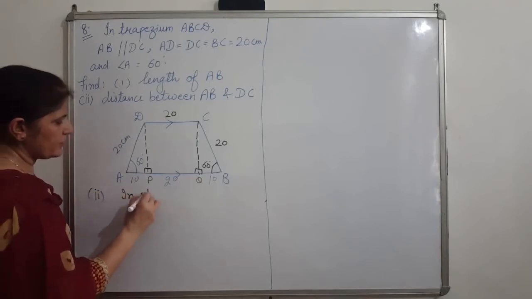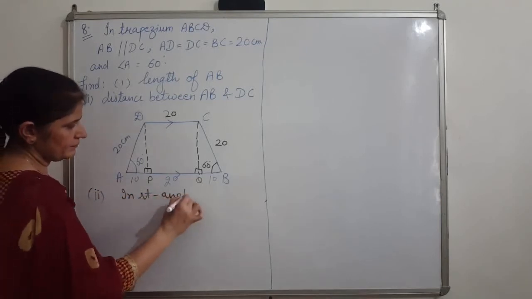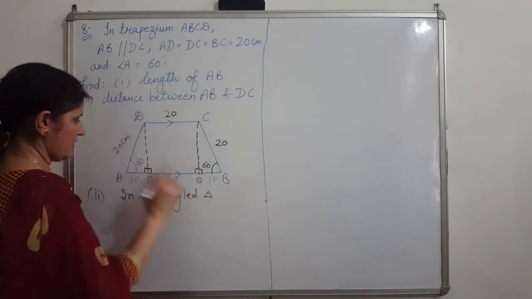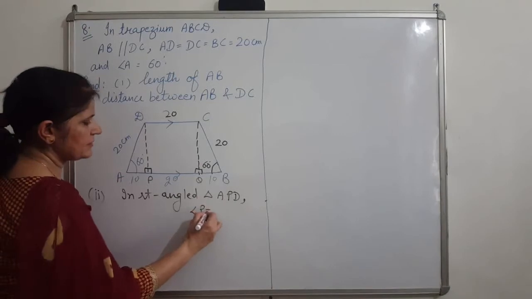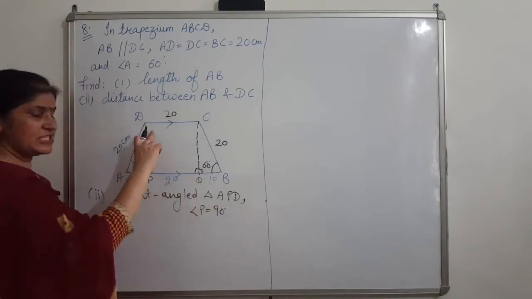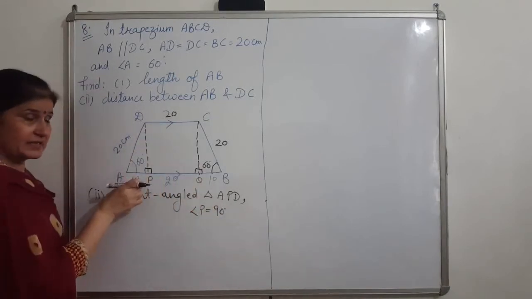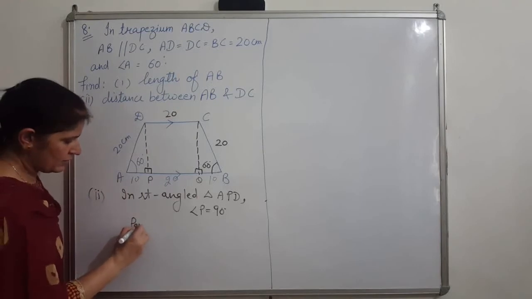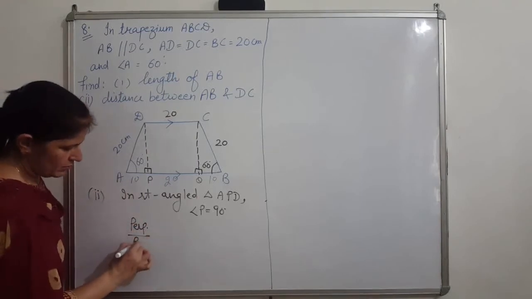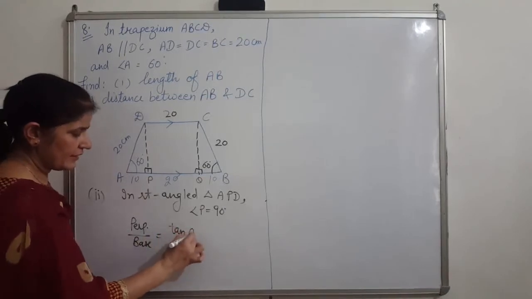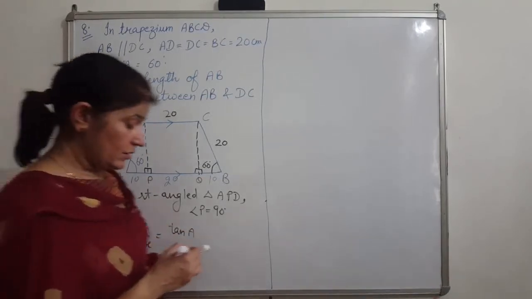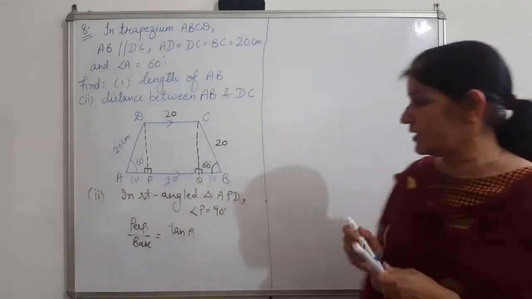Second part, in right angle triangle APD, angle P is 90. So this is perpendicular, this is base. So perpendicular over base is tangent A. Now what is perpendicular and what is base? We substitute here.